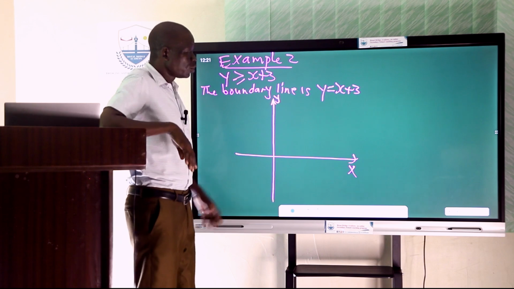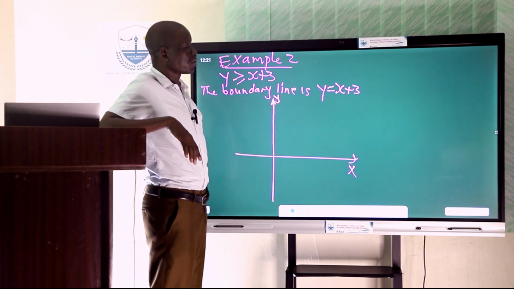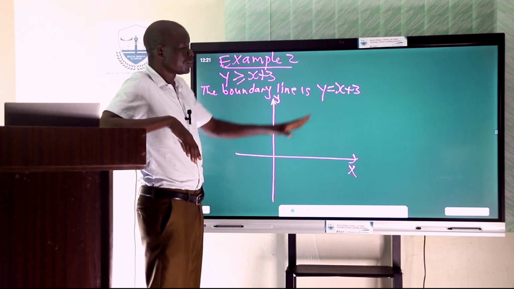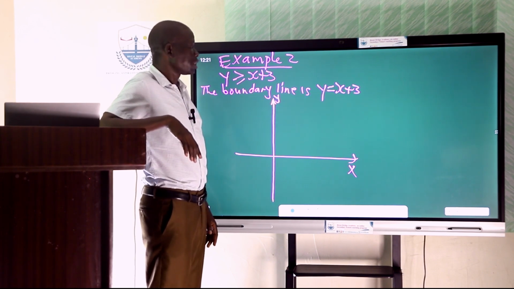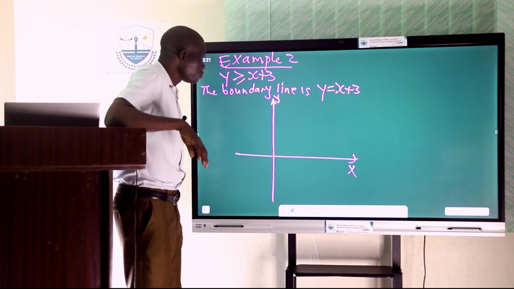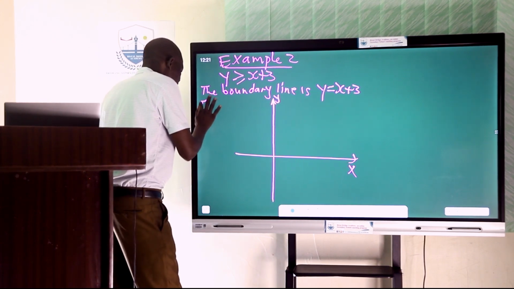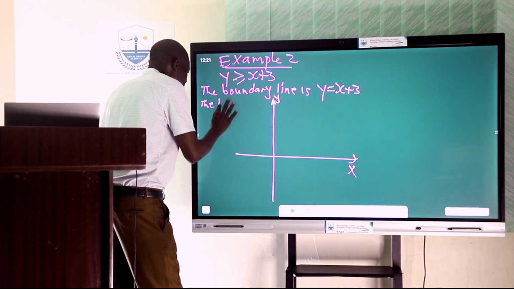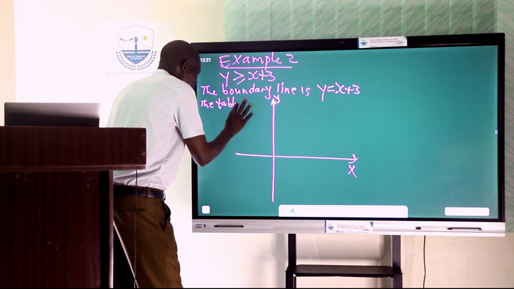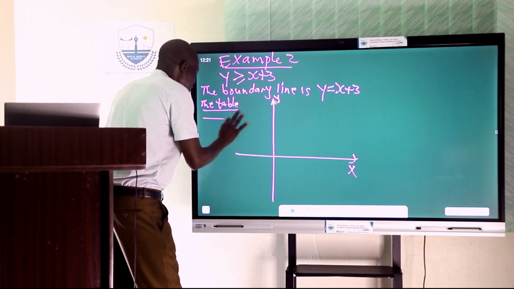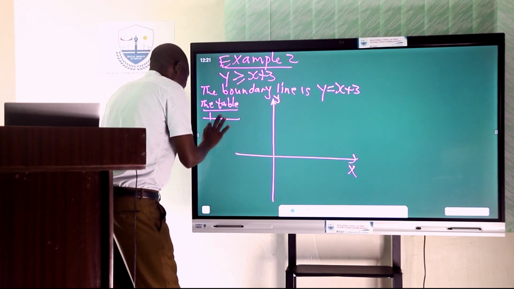But before we put everything on the graph, we need a table of values for this graph. Our table of values will be in this form. This is how we write it.